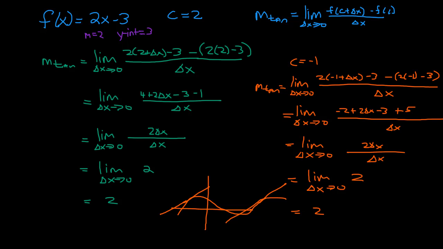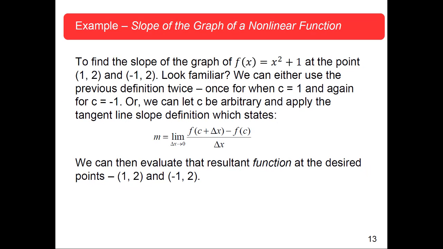Okay, let's look at another example. To find the slope of the graph of f of x equals x squared plus 1 at two different points. Let's say we want to find the slope at the points 1, 2 and negative 1, 2. Now, we could apply the previous definition twice, where c equals 1 and c equals negative 1.